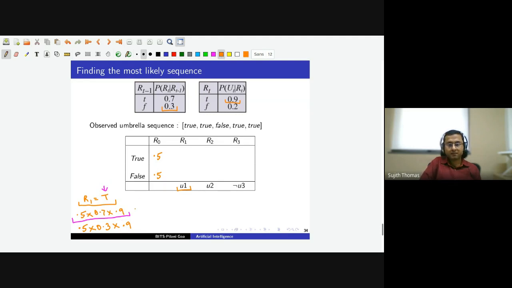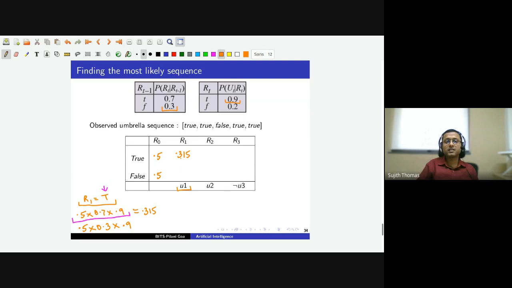And this value comes out to be 0.315. So let me just write it. I will just fill in 0.315 here. So this is the best probability among all the sequences that end with R1 equal to true.